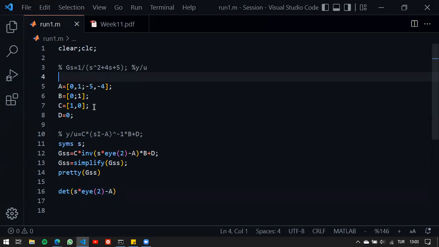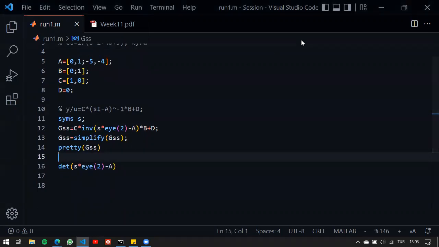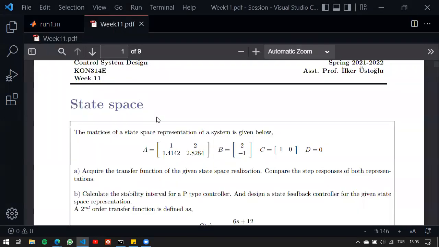If we want to use the state space model to obtain the transfer function, I've shown you that C times the inverse of sI minus A times B plus D gives you the corresponding transfer function. And it can be helpful for some cases. Now, enough with this discussion. Let's look at today's task.